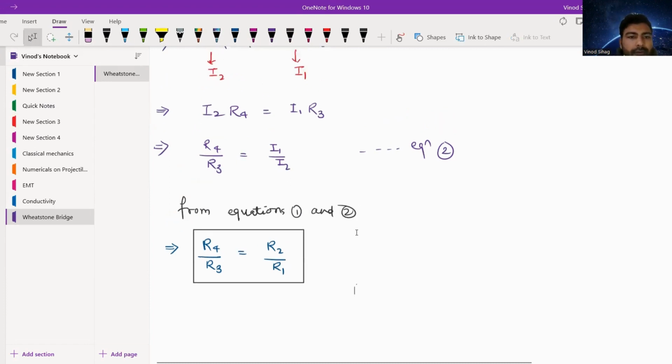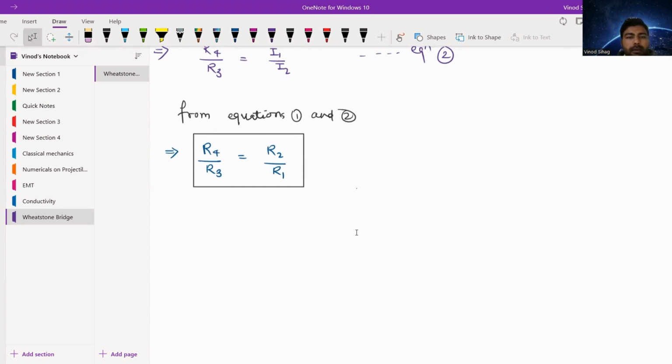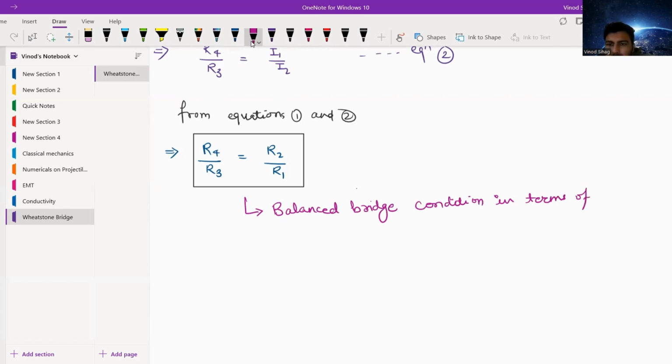So here R4, R3, R2 and R1 are all the values of resistances of resistors R1, R2, R3 and R4. Again we can write here that it is the balanced bridge condition in terms of resistances.